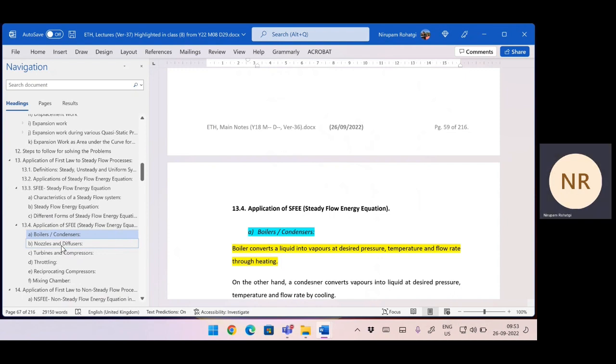But what happens is, people in industry say that in the boiler the amount of thermal energy given is so high that the work is a very insignificant part of it. So let us forget about it and write an equation for it. So the equation becomes very simple, still simpler than what we have, but with assumptions.